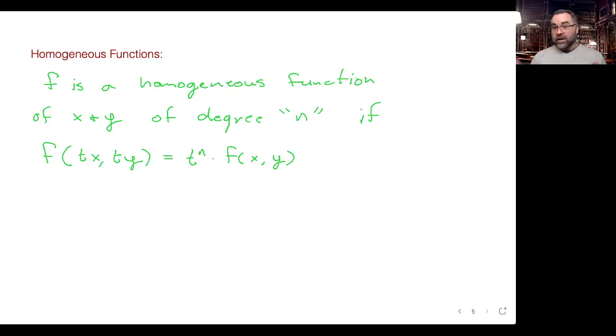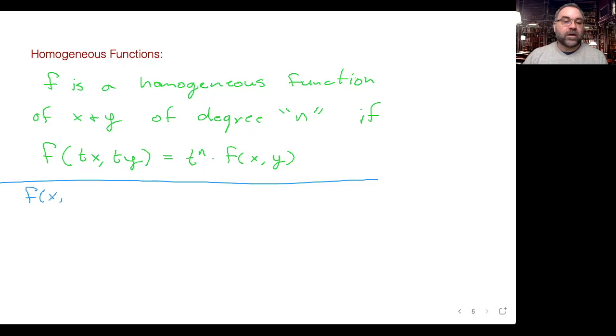It's a function of x and y that, when we plug tx and ty into the same function, we can actually bring t to the n out and then get the original function back. So let me show you a quick example. My function f of x, y is x squared y minus 4x cubed plus 3xy squared.